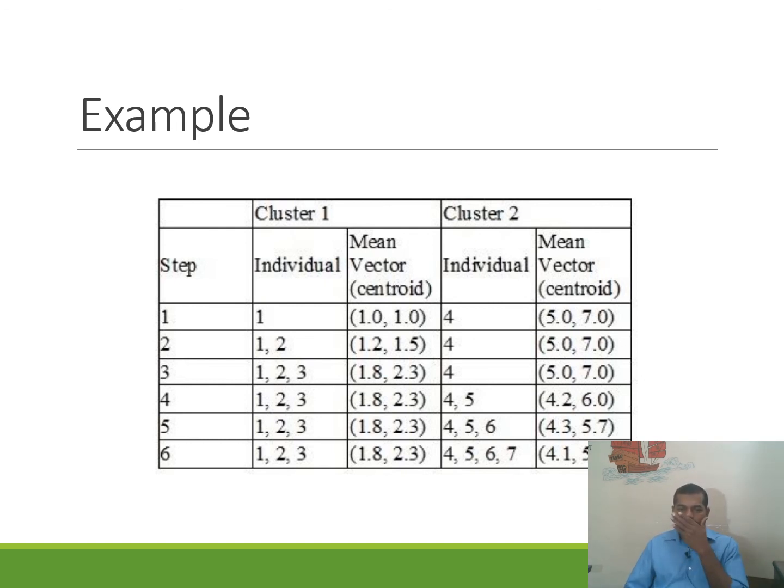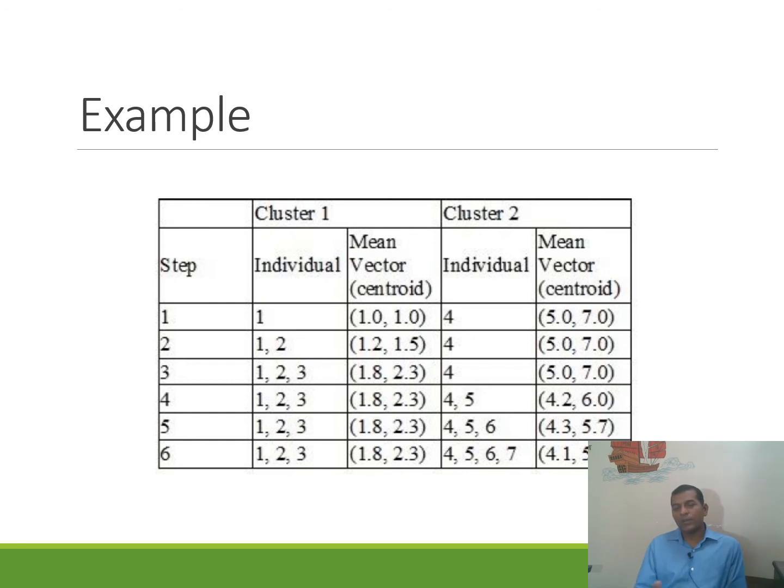We then added a third element, and the centroid changed its position. Similarly, we added 5, and we get a new centroid. 6 is added, the centroid is changed. 7 is added into the cluster and the centroid is changed.